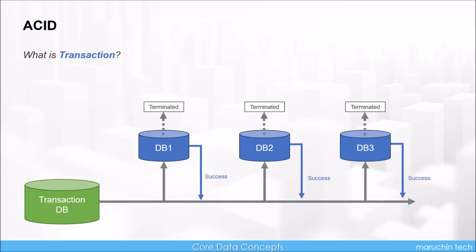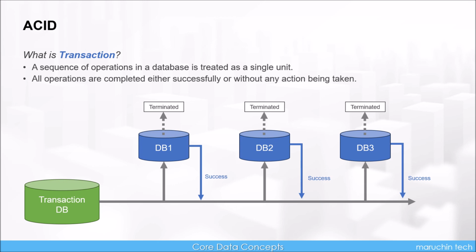Next, I will introduce one of the characteristics of databases, transactions and the ACID attributes. A transaction is a sequence of operations in a database management system, where the entire sequence of operations is treated as a single unit. In the IT industry, it is used to indicate the consistency of processing.